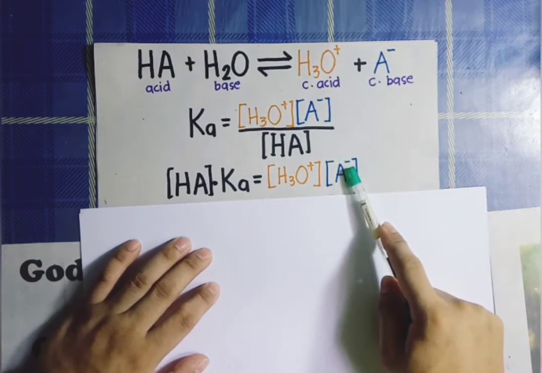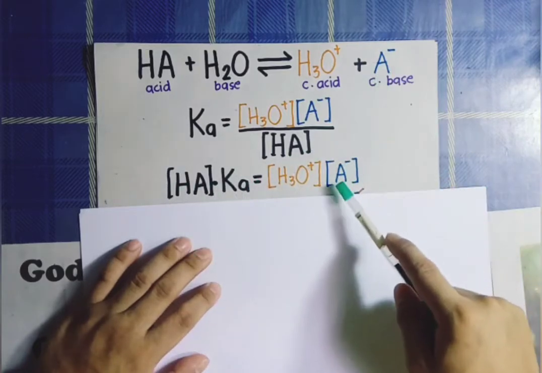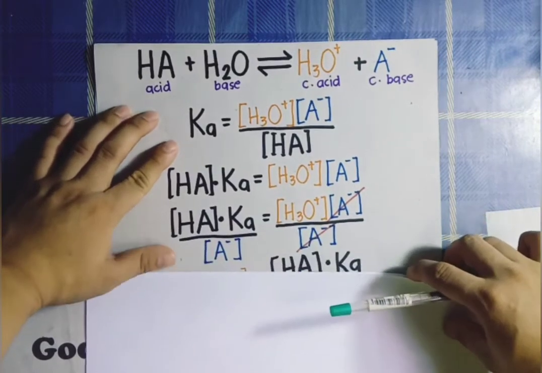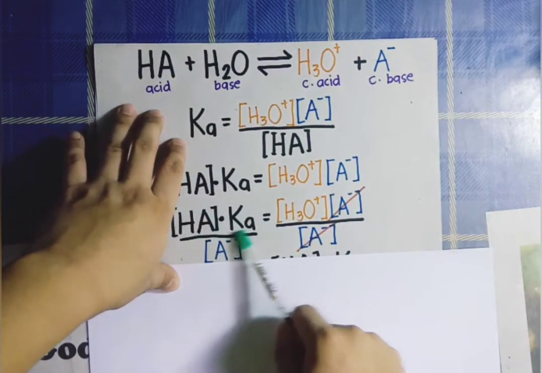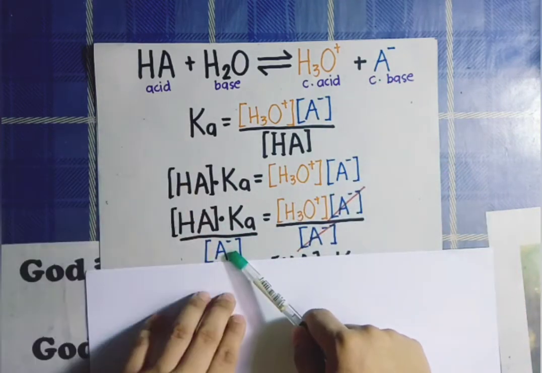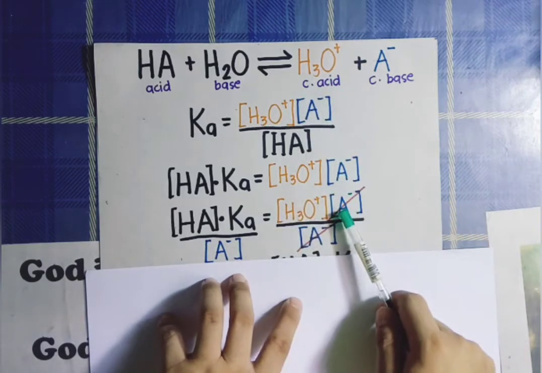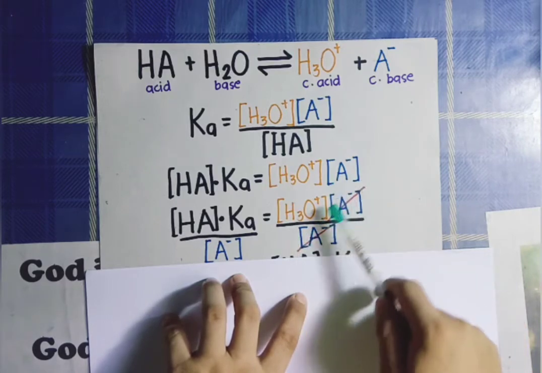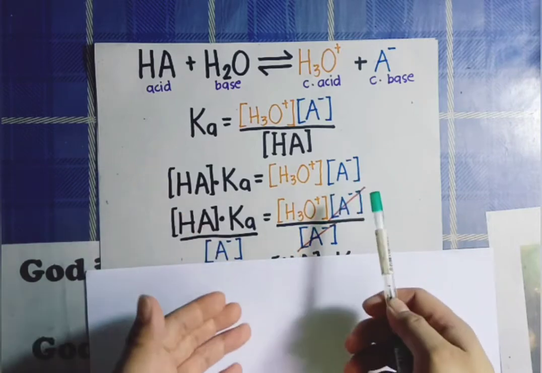And by dividing both sides by A-, or the conjugate base, we will have HA multiplied by Ka over the molar concentration of A-, which is our conjugate base, is equal to the hydronium ion concentration, and our A- here will now be cancelled because again we divided both sides by A-, or our conjugate base.